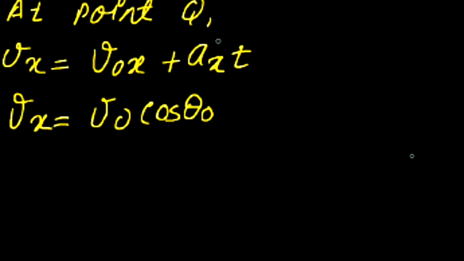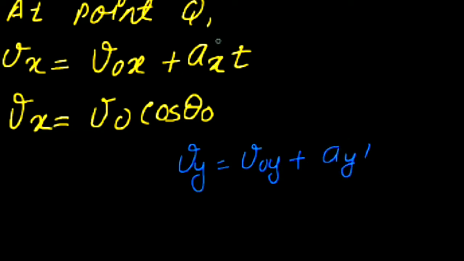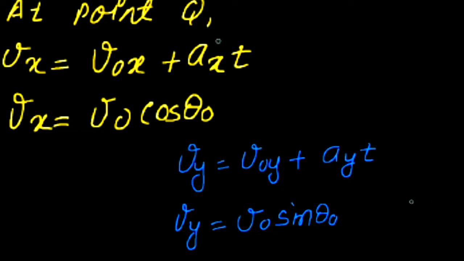Now let us find out the value of velocity along the y direction. Using the kinematics equation, v_y equals v_0y plus a_y times t. Here v_0y equals v_0 sin θ_0, so we put that in place of v_0y, and a_y equals minus g.